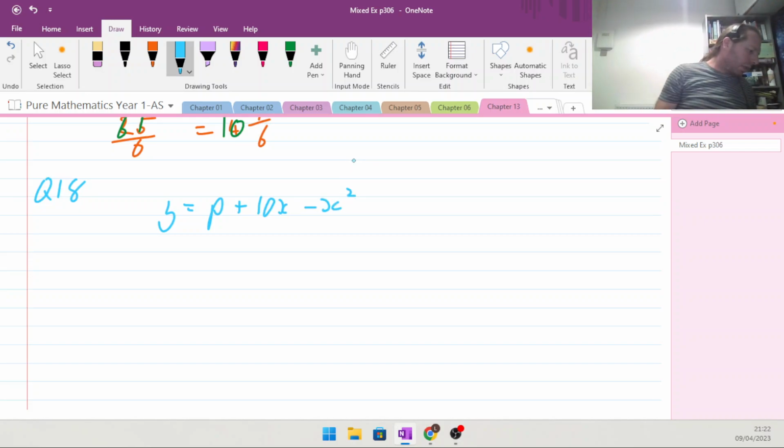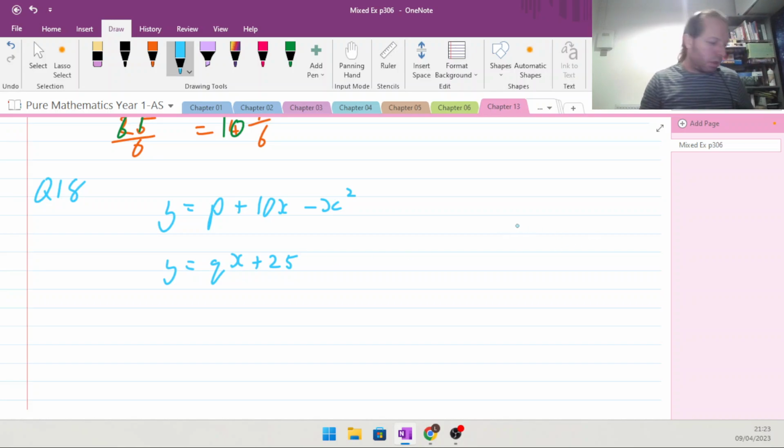P is a constant, and part of the line L with the equation y equals qx plus 25, where q is a constant. The line L cuts the curve at the points A and B. The x coordinates of A and B are 4 and 8.